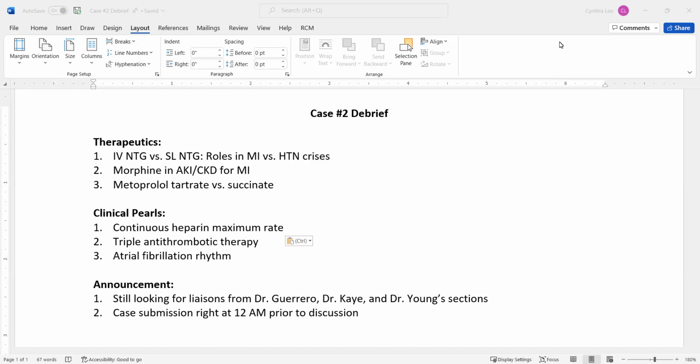So PCI, if you look into it, is a pretty invasive procedure, because you're putting in a wire essentially through the circulation, through blood vessels, to go into your heart coronary artery to see the occlusions, to see how much they are being occluded, being blocked. And then if, per the surgeon or the cardiologist, they think that the occlusion is too big, then they might want to put in a stent to open up the blood vessels.